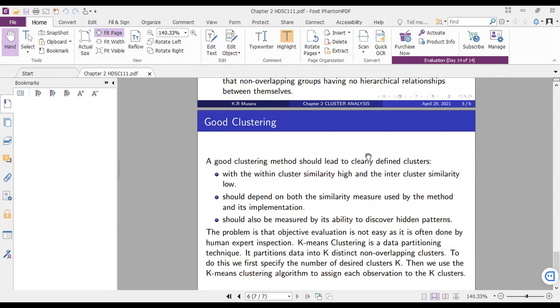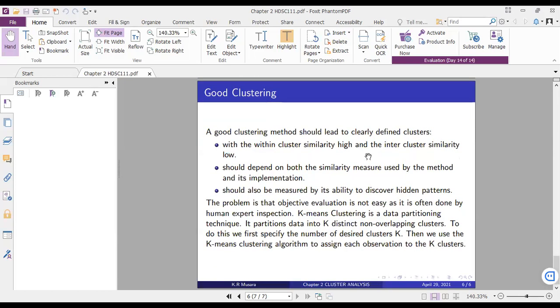And then good clustering. So when do we say a cluster is good? This is what you are expected to know, because when we start doing the programming, you have to know how these clustering techniques behave. So a good clustering method should lead to clearly defined clusters: within-cluster similarity high and intercluster similarity low.